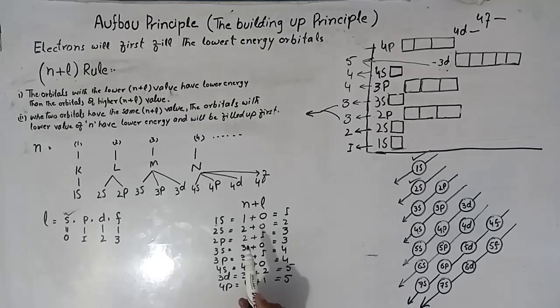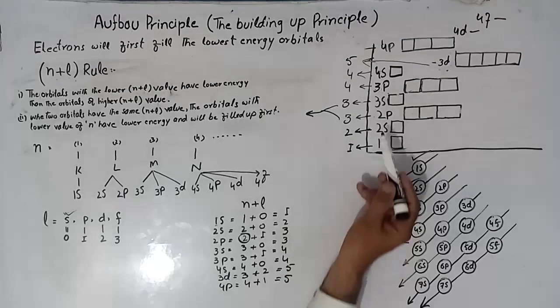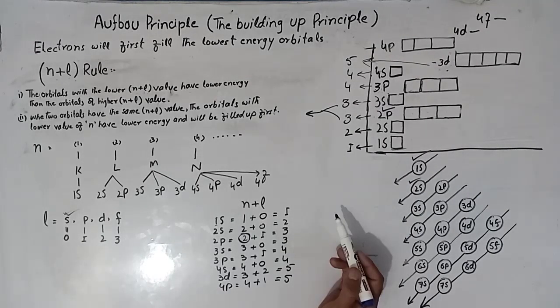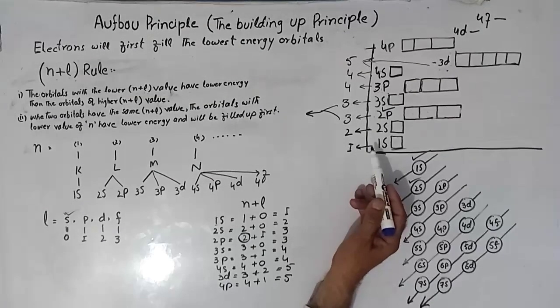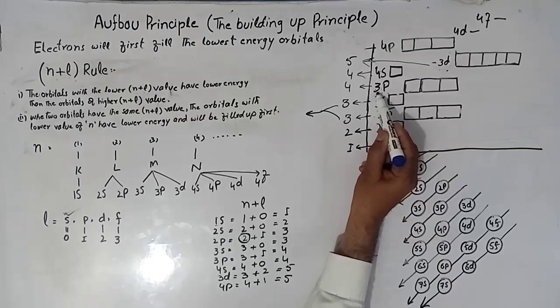You also see the lower value of n for 2p here too. This is 2, here is also 2. And 3s orbitals have a higher value of n, that is 3.